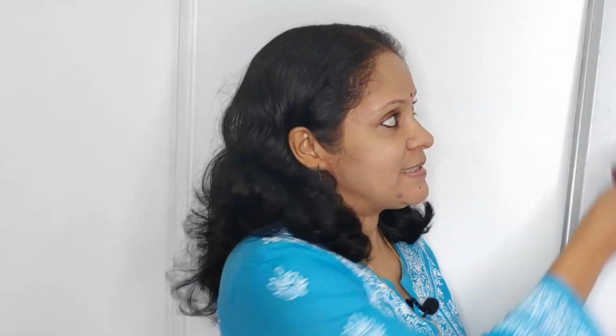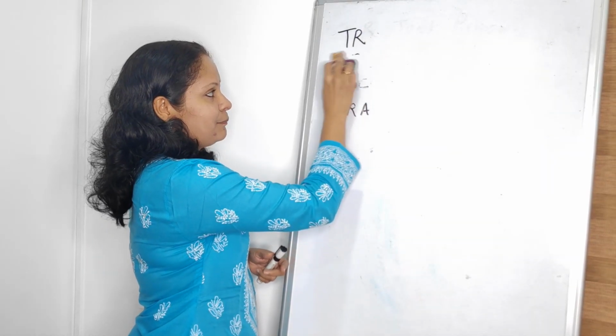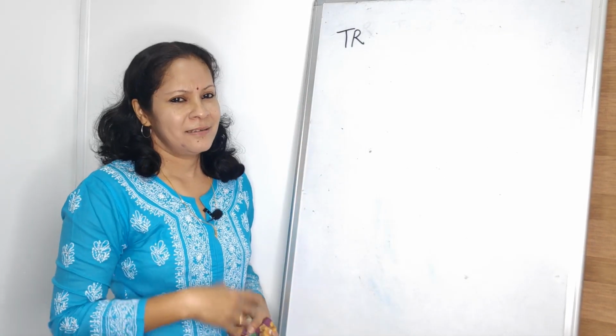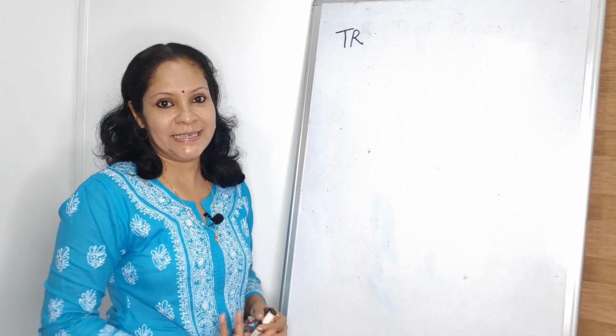Task response basically means the IELTS exam has given you a task and have you responded to the task. If you've gone off topic, if your sentences are not relevant to the question, you don't get a score. So I shall be addressing this part of the IELTS exam on task response, where even brilliant students fail to get it right.